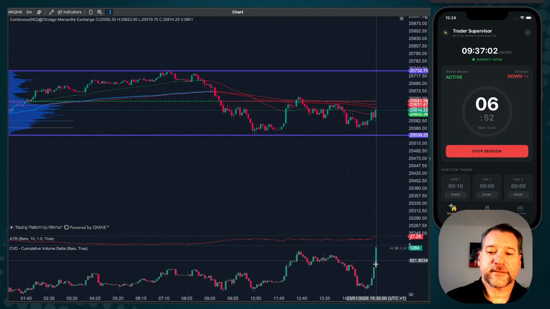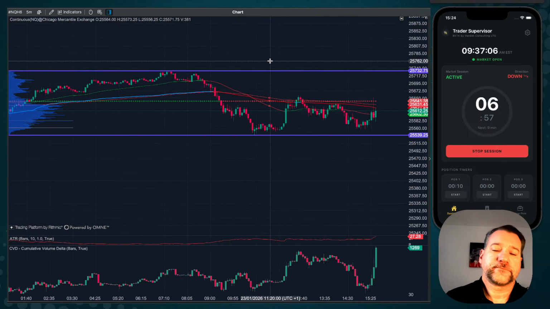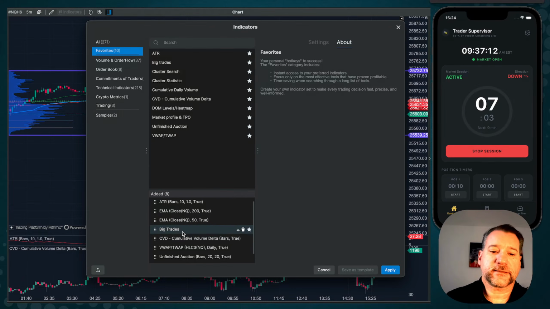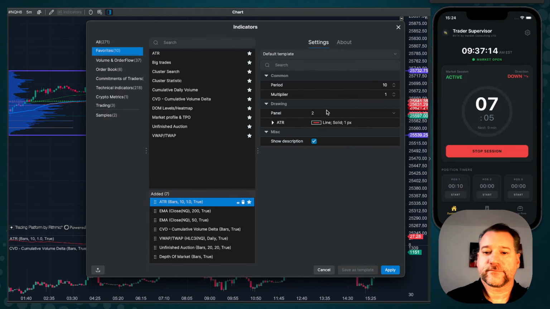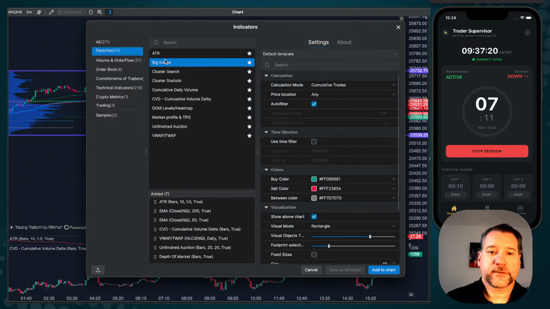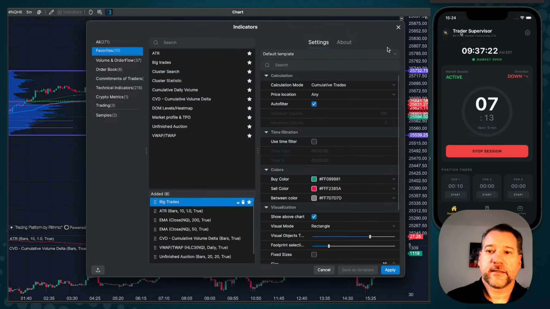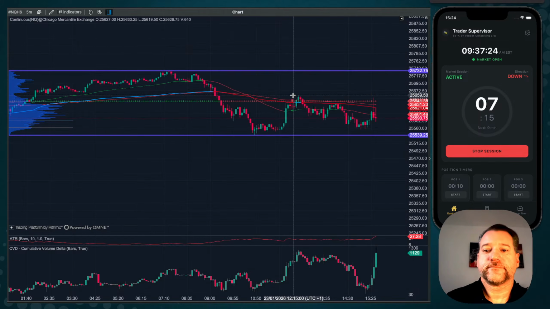But I can see there's a lot of delta coming in under the 5 minutes. The big trades, where are the big trades? I think I removed it. Double click, it's back in.